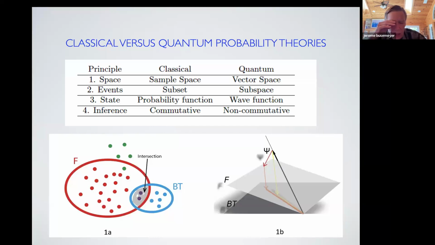Now, the way it works in quantum theory is a little bit different. What we start with is a state vector. That psi, that black arrow, is a state vector representing the state of the person. So when a person hears a story about Linda, that she went to Berkeley, she was a philosophy major, she was active in social movements, they form a state vector.